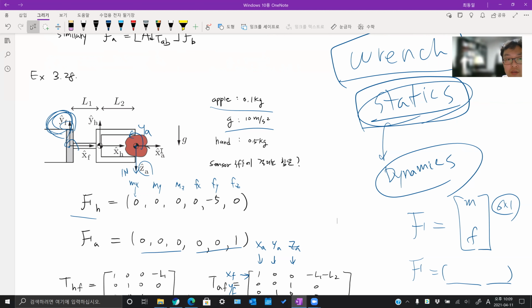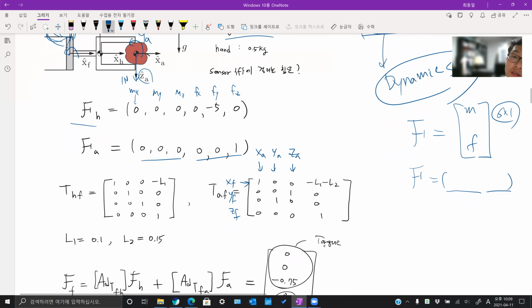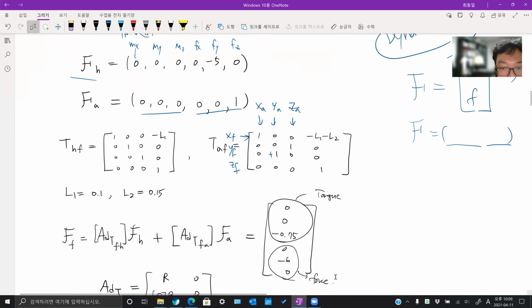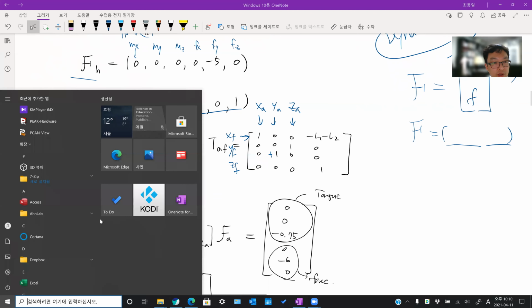XY. Yeah, it should be the first one. I think the textbook has some error. Let me check about this. Okay, to check this, we should use the Python library.